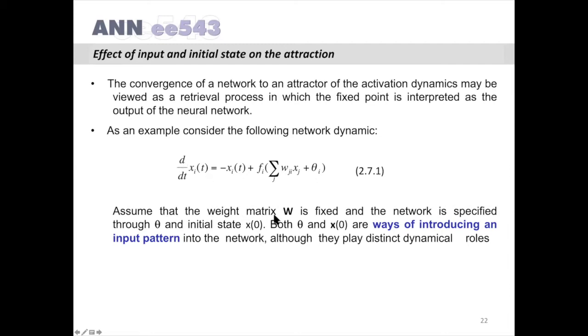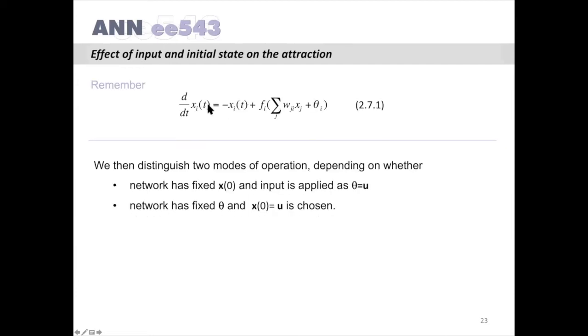Assume that the weight matrix W is fixed and the network is specified through theta and the initial state x0. Both theta and x0 are ways of introducing an input pattern into the network, although they play distinct dynamical roles. This is the equation describing the dynamics of the recurrent network.